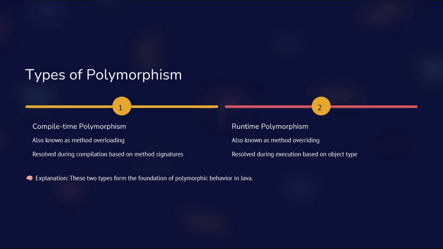The other type is runtime polymorphism, also known as method overriding, resolved during execution based on object type. These two types form the foundation of polymorphic behavior in Java.